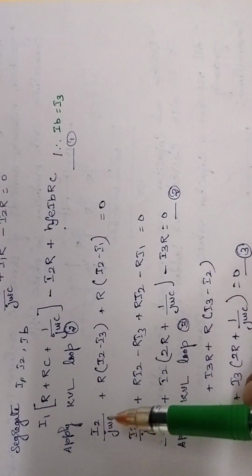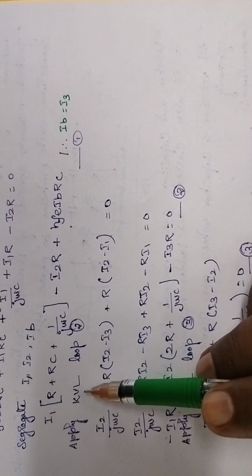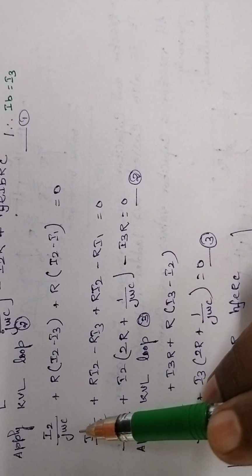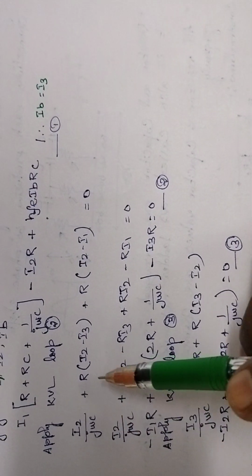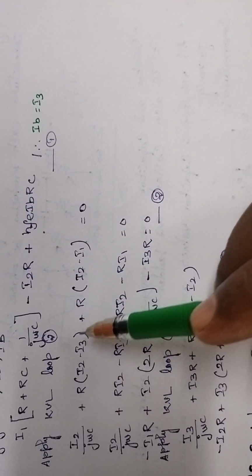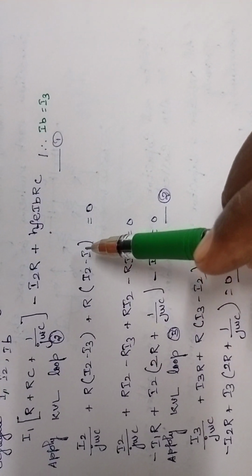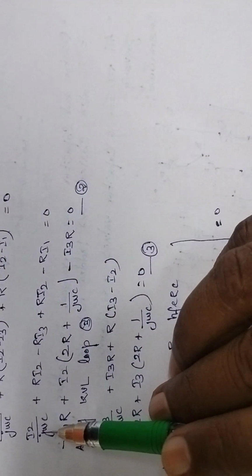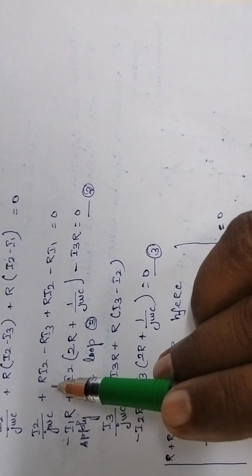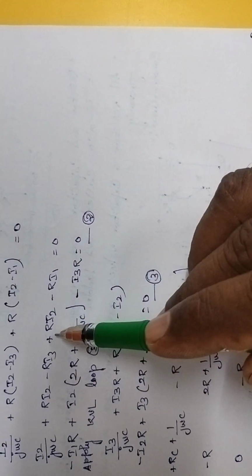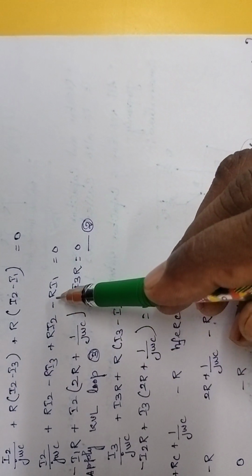Then apply KVL to loop 2: I2 divided by j omega C plus R into (I2 minus I3) plus R into (I2 minus I1) equals 0. That is I2 over j omega C plus R I2 minus R I3 plus R I2 minus R I1.